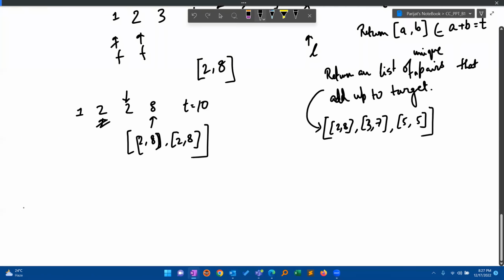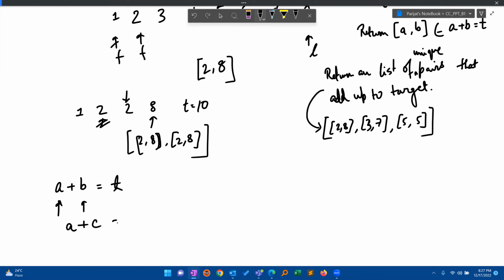Exactly. Because you know that if a plus b equals t, and you have found two elements already, a and b, then at a later point of time, if a is part of an answer, then b has to be a part of an answer, right? It cannot be that a plus c equals t where b is not equal to c.